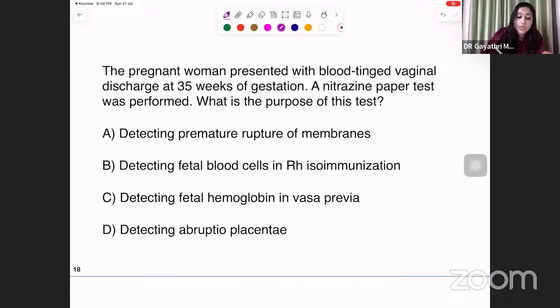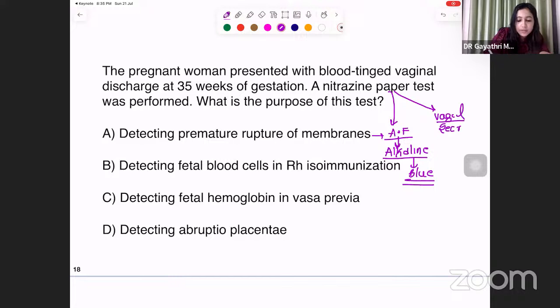So this nitrazine test will tell you whether it is amniotic fluid. Amniotic fluid is alkaline, and the nitrazine paper will turn blue. If it is vaginal secretions, it is acidic, and the nitrazine paper will turn red.